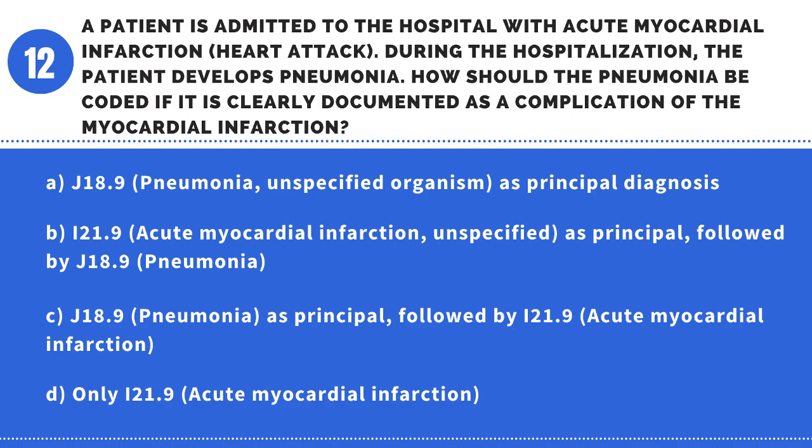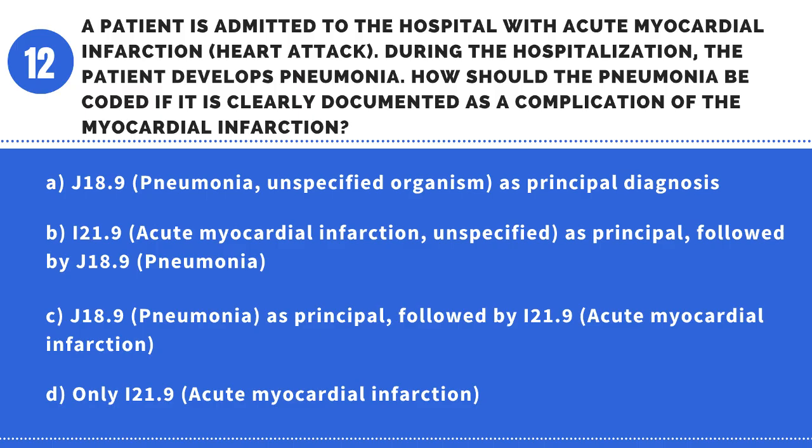Question 12. A patient is admitted to the hospital with acute myocardial infarction, heart attack. During the hospitalization, the patient develops pneumonia. How should the pneumonia be coded if it is clearly documented as a complication of the myocardial infarction? A. J18.9, pneumonia, unspecified organism, as principal diagnosis. B. I21.9, acute myocardial infarction, unspecified, as principal, followed by J18.9, pneumonia.